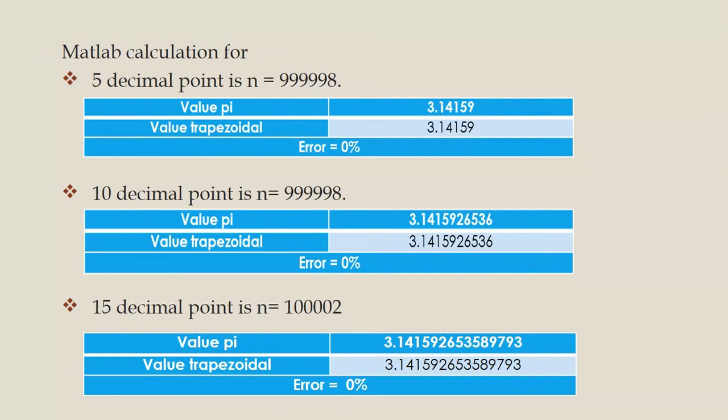As all the trapezoidal function values are almost similar to pi in 5 decimal places, 10 decimal points, and 15 decimal points, it shows 0% error in each of them.